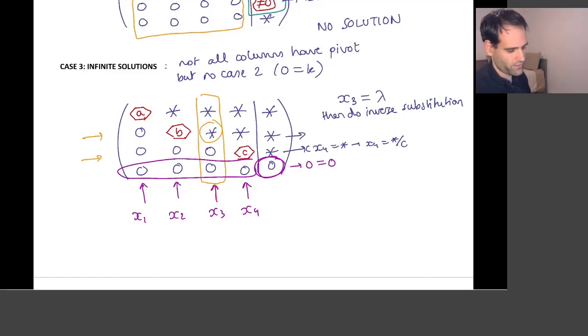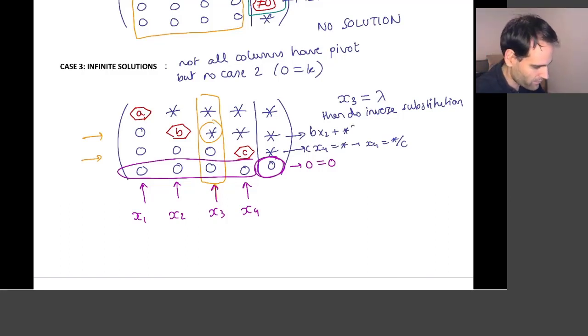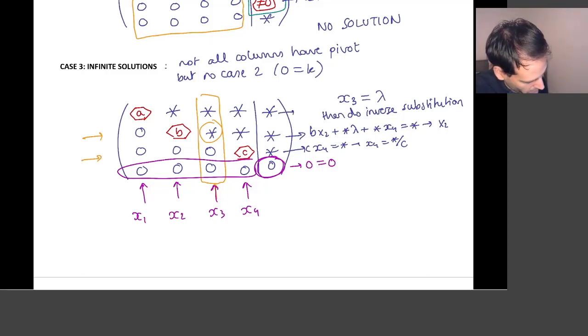Then from this second row, we have that b times x2 plus asterisk times x3, which is lambda, so we leave lambda there, plus asterisk times x4 equals asterisk. So we can solve for x2, but x2 will have a lambda there. Yeah? So we will have a lambda involved in x2. And then we do the same with x1 using the first row. So we find x1 using the first row.